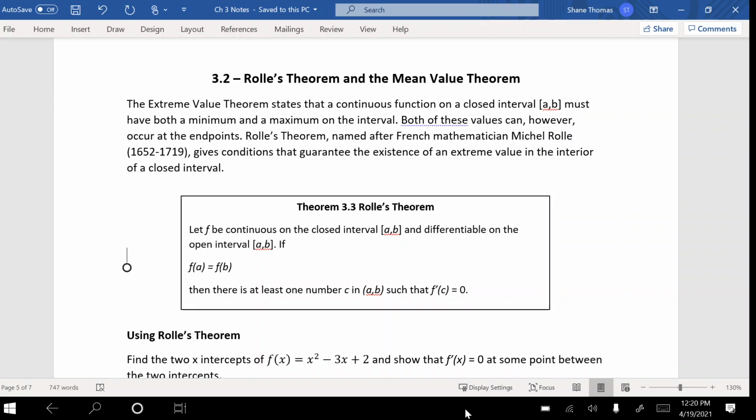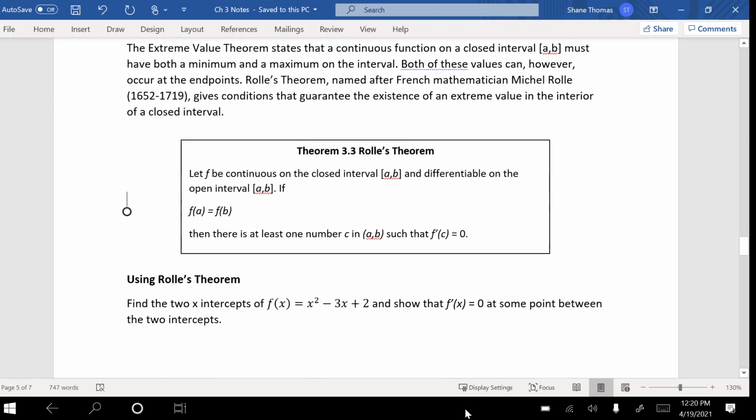We're at the point in math where we're not looking at straight linear functions. So Rolle's theorem says if f is continuous on the closed interval [a, b] and differentiable on (a, b), and if we had a horizontal line, it'd be like y equals 2.